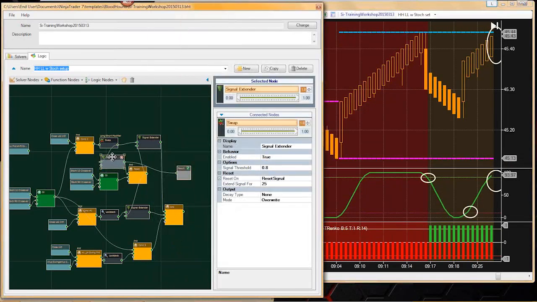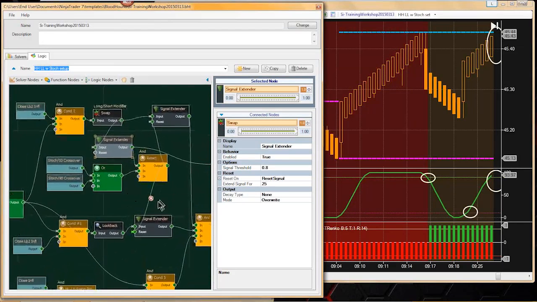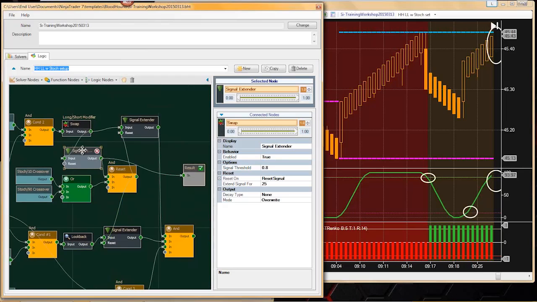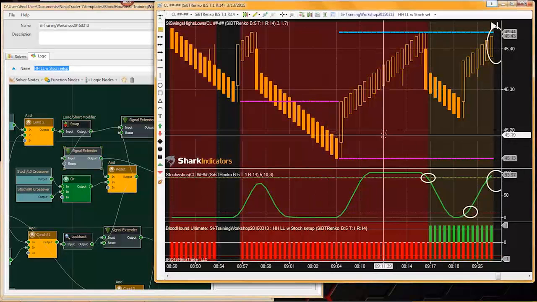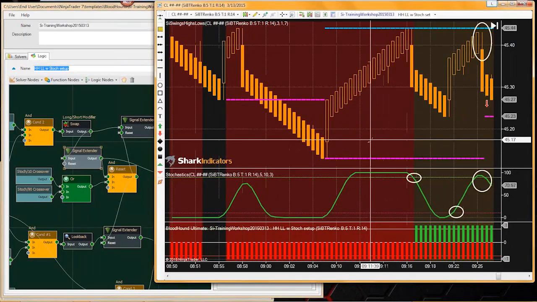The reason why is because the signal extender is just extending for 25 signals, and there's nothing turning it off, right? There's nothing connected to the reset, so it's not getting turned off soon enough. So I kind of have to rethink this again.